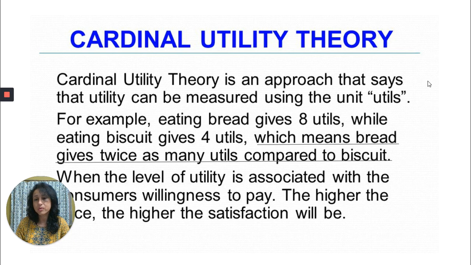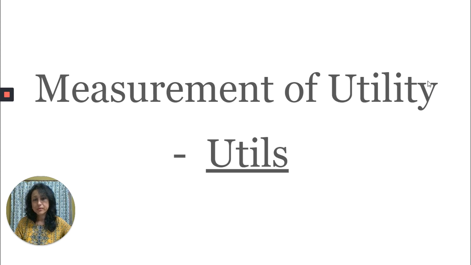The satisfaction or utility I get from it is from the bread. So I give, say, a number of utils for the satisfaction that I have got from bread, right?